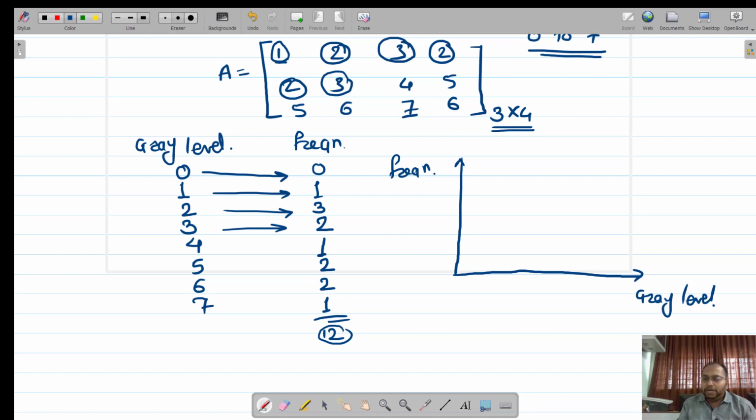How many times has 0 been repeated? 0 has been repeated 0 times. Then we mark 1 2 3 4 5 6 and 7 on the x-axis, and on the y-axis 1 2 3 4 5. How many times has 1 been repeated? It has been repeated 1 time. 2 has been repeated 3 times.